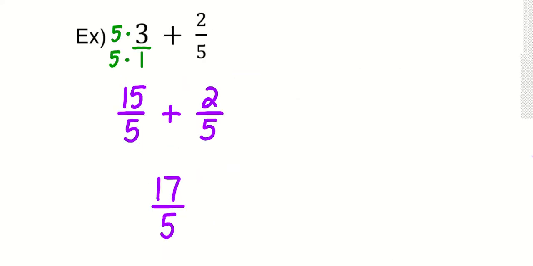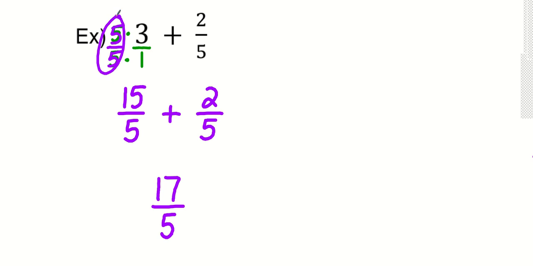What I was referring to back here is when you multiply top and bottom by 5, like in this example where we multiplied the bottom by 5 and the top by 5, it's like you're multiplying by the fraction 5/5. That's technically what you're doing, and it's okay because what essentially is 5/5?